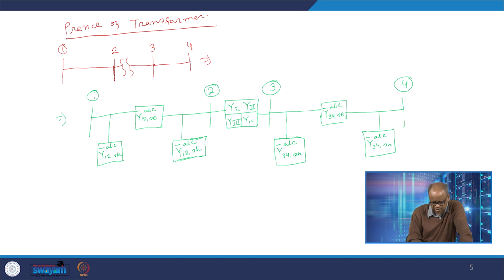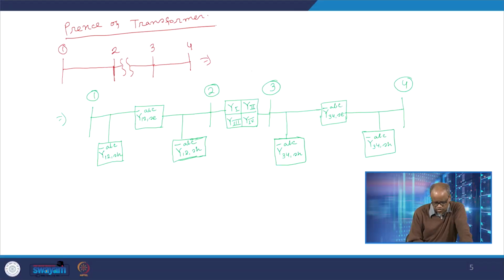So this we have already seen how to derive, and in fact we have seen that depending upon the transformer connection mode, whether it is connected in YY fashion, or Y delta fashion, or delta Y fashion, or delta delta fashion, then for the same vector group, even if the connections are different, any transformer having these connections, either YY or YD or DY or DD, can be modeled by this 6 cross 6 matrix.